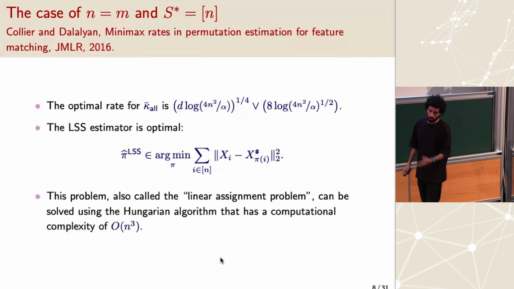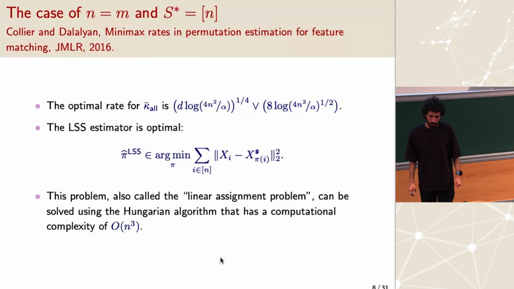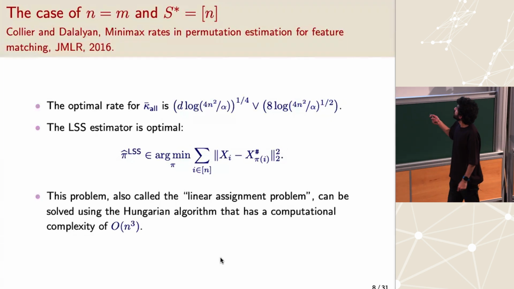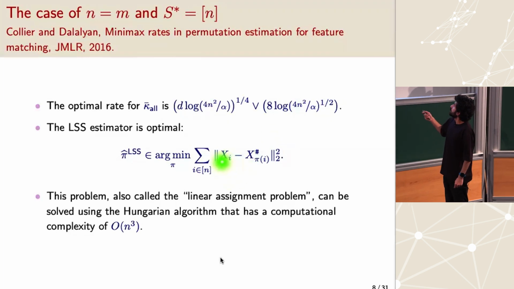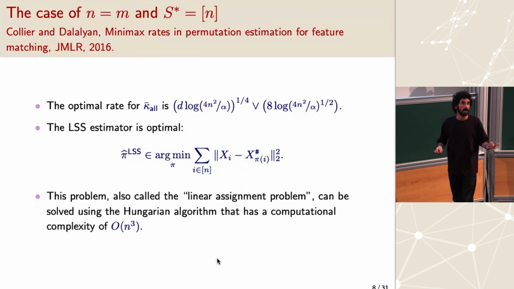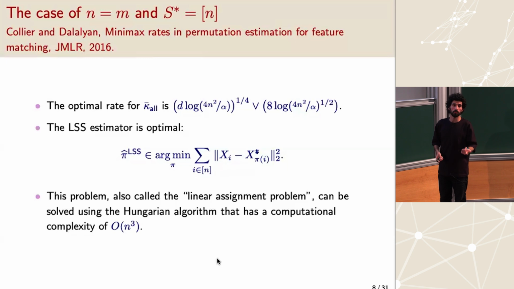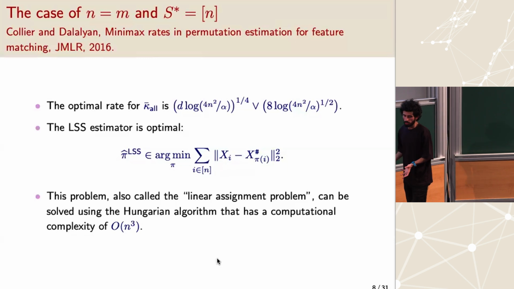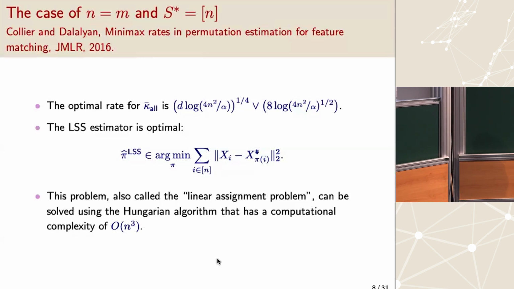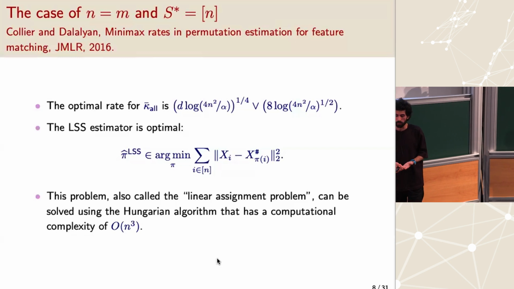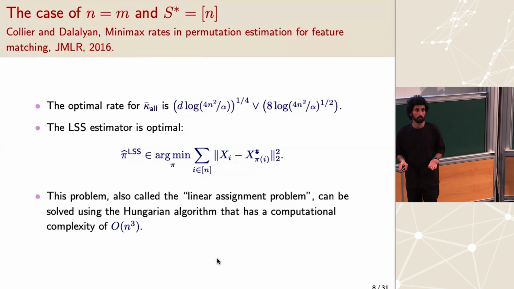Okay, and the estimator of pi is actually quite simple. What we are trying to do is minimize the squared distances between x_i and x_pi(i) with respect to pi, where pi is any permutation.